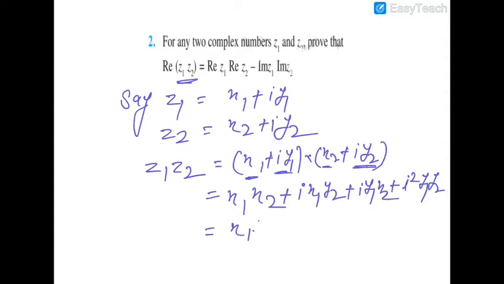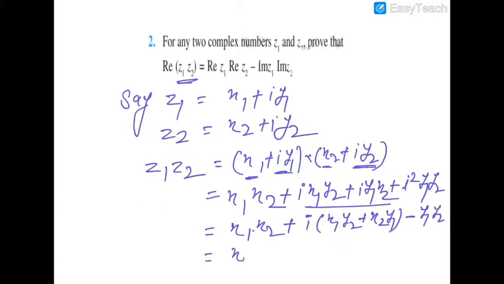Now we can write it like x1 into x2, and i will be common out of this. Now we write x1 y2 plus x2 y1, and the last is minus y1 y2.